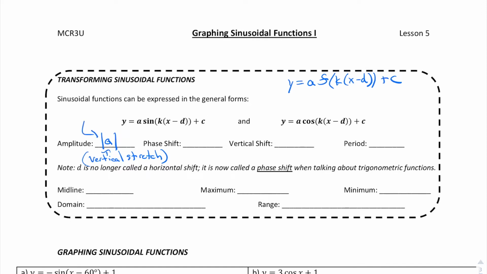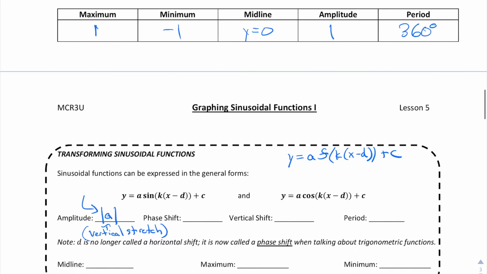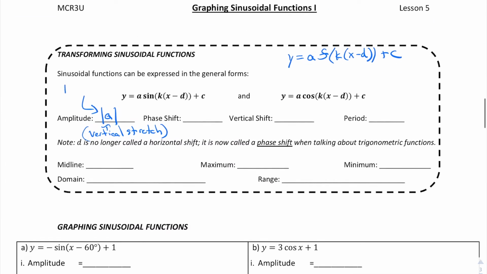And I put around here the absolute value because sometimes A can be negative, but we don't want the negative. And these bars on here represent the absolute value, which really means always positive. So if A happens to be negative, just change it to a positive when you're talking about the amplitude. So an amplitude will always be represented by a positive number.